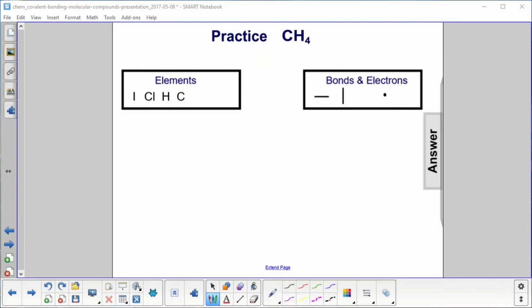Carbon tetrahydride, or methane. The first step is to find the total amount of valence electrons. Carbon has 4, hydrogen has 1, and since we have 4 hydrogens, 4 times 1 is 4. We have a total of 8 valence electrons.